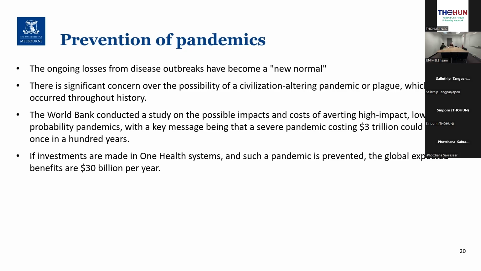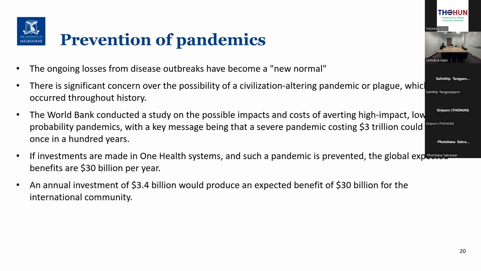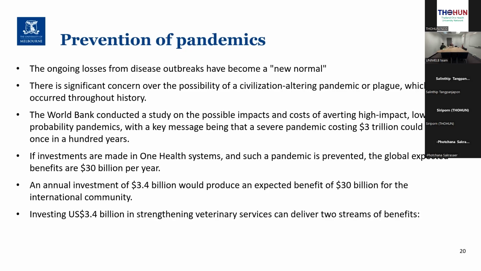If investments are made in One Health systems and such a pandemic is prevented, the global expected benefits are approximately 30 billion US dollars per year, with the estimated annual investment of 3.4 billion to produce that expected benefit of 30 billion for the international community. So investing 3.4 billion US dollars in strengthening veterinary services can deliver two streams of benefit.